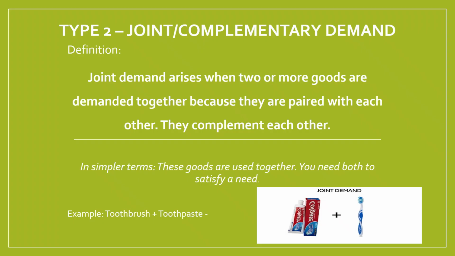Bread and butter, they are often consumed together. This may not be a perfect example, but most of the time they are consumed together. Shoes and socks, they complement each other. Rice and stew, they are often eaten together. Notebook and pen, students need both.